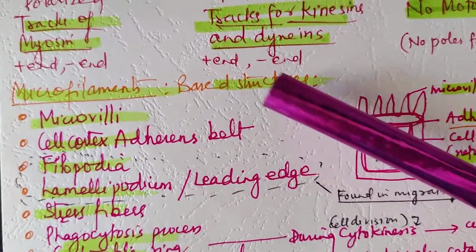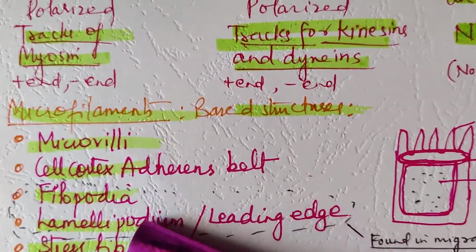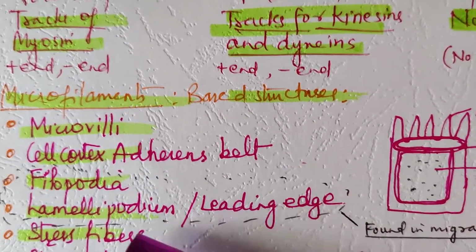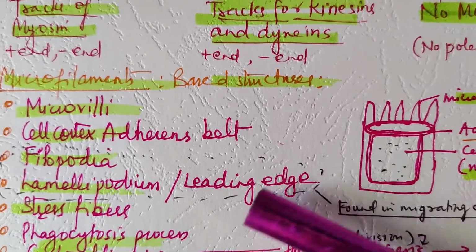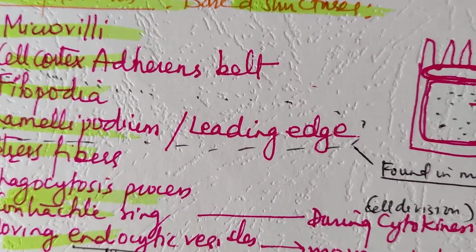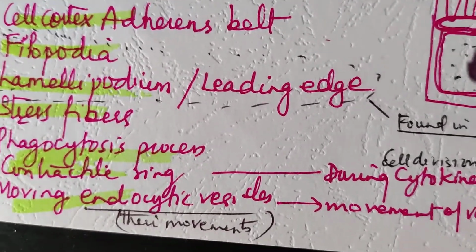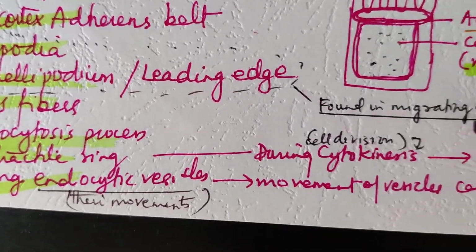Microfilaments, based on the structure, what are the things seen in it? Examples: microvilli, cell cortex, adherent belt, filopodia, lamellipodium, leading edge, stress fibers, phagocytosis process, contractile ring, moving endocytic vesicles.